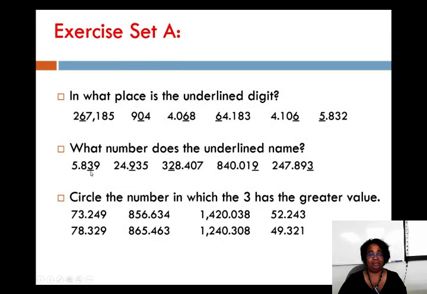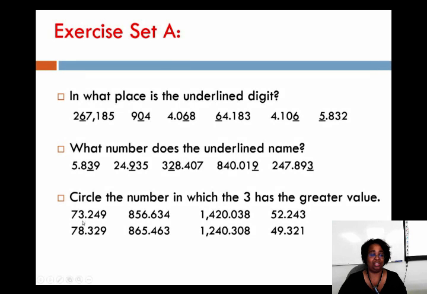This is 3 what? 3 hundredths. What about this one? 9 tenths. I want the whole number. And then this one? No, 20. Okay. And then this one? 9 thousandths. And then 3 thousandths.